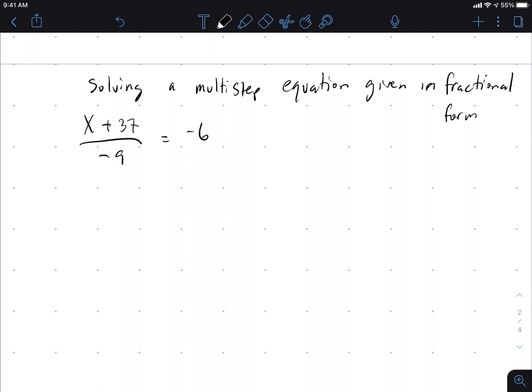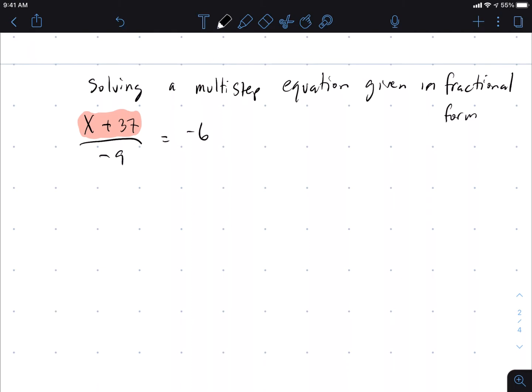Very good. But right now, since we're in a fraction form, we'll consider this top piece as the variable. Okay? So if that part that's in red is the variable, what do I need to get rid of that's with the variable? Underneath? Right, that -9.